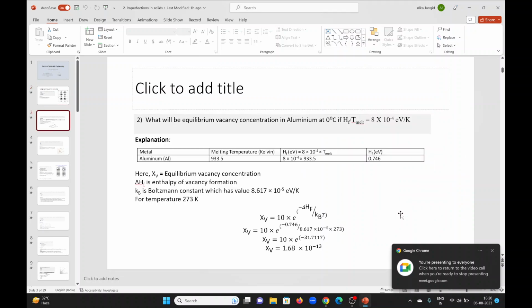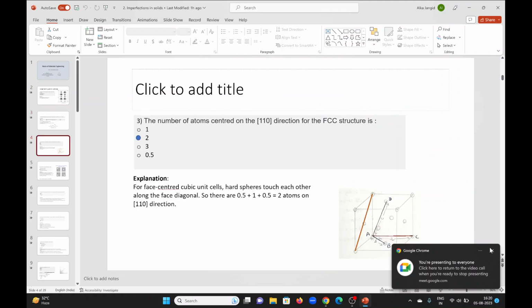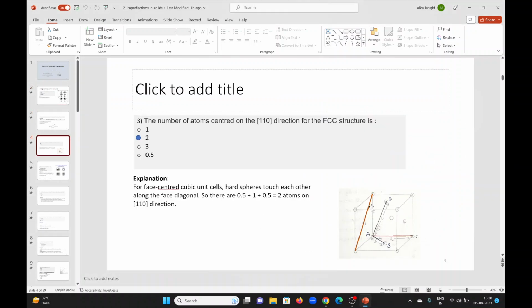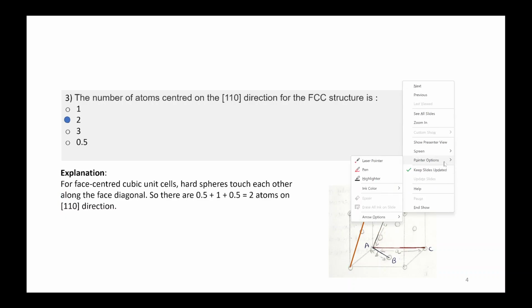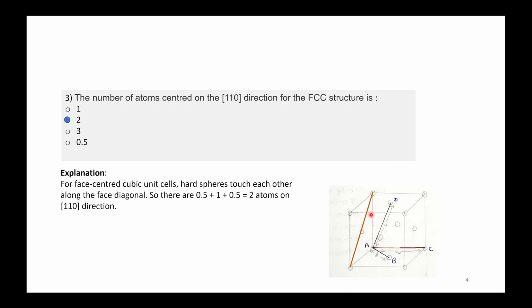in this slide, if you are moving in this direction or you are moving in a different direction, for example, let me use the pointer. In this direction and in this direction you have different atomic packing density, right?